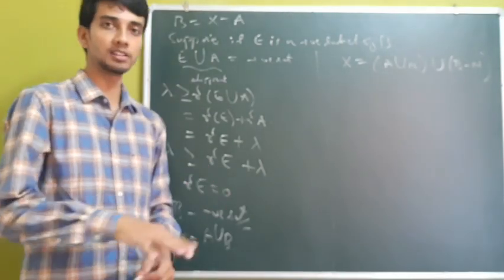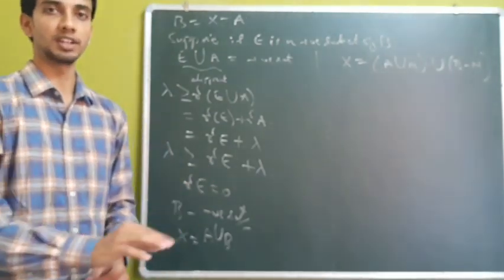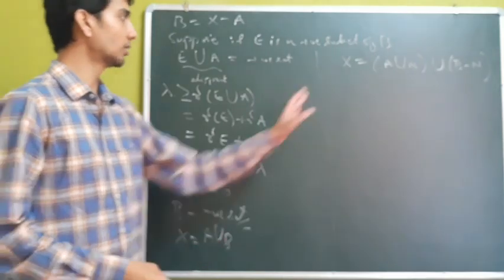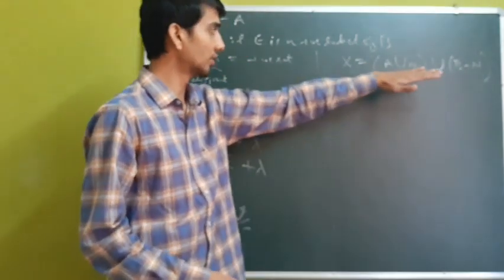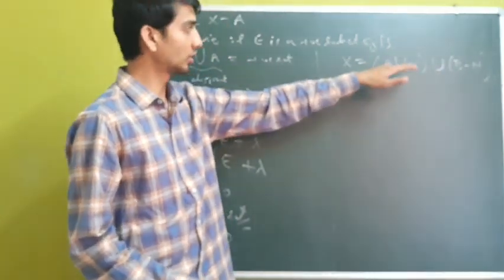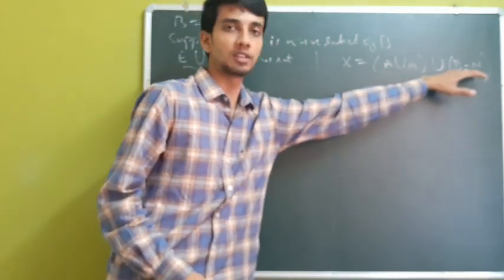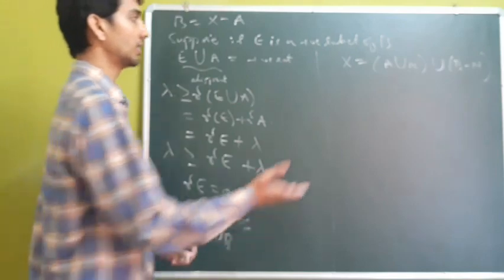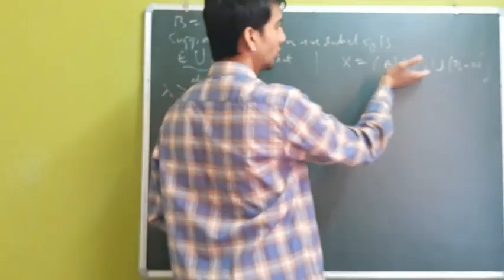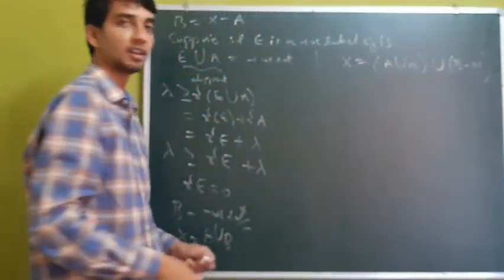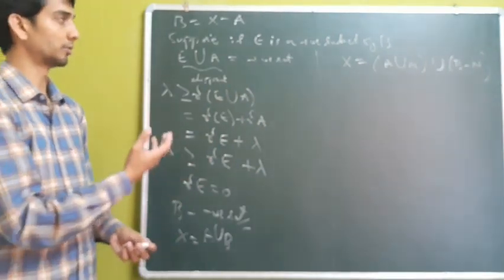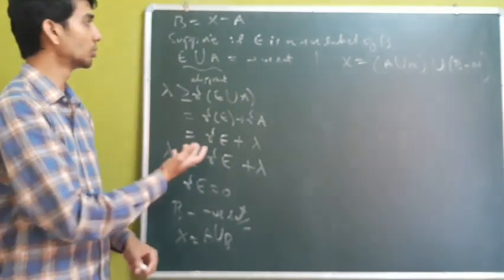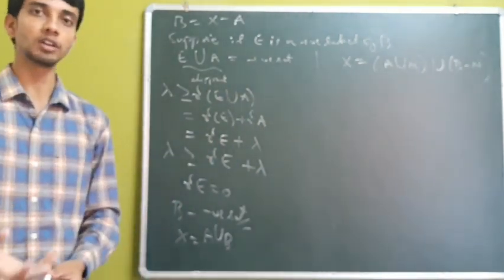A set is said to be a null set if it is both a positive set and a negative set. So we have X as the disjoint union of A union N, a positive set, and B minus N, a negative set. We have another decomposition of X, so that proves that the Hahn decomposition is not unique.